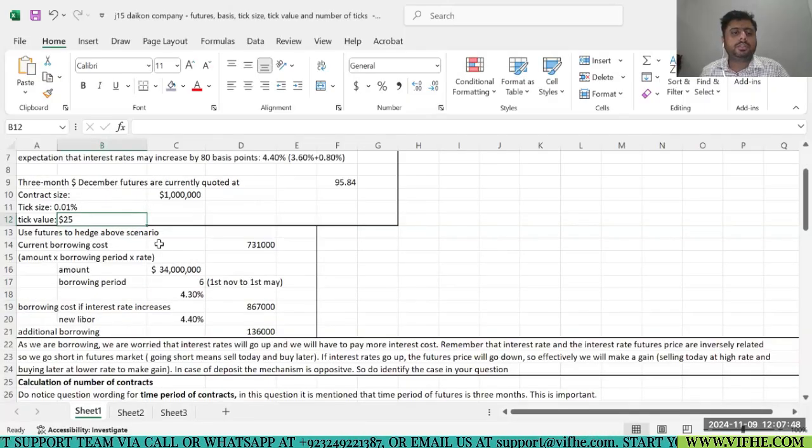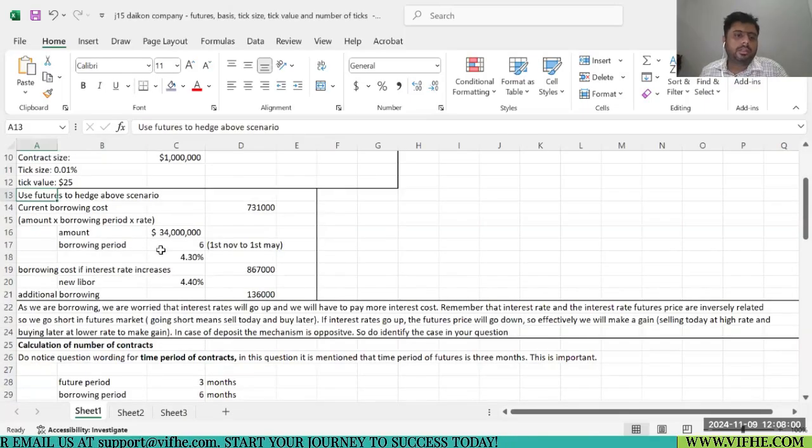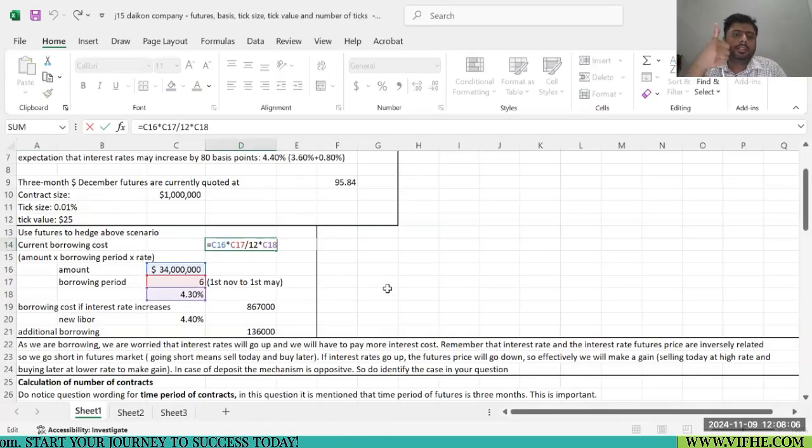Now use futures to hedge the above scenario. We discussed that sell now, buy later will be the appropriate strategy. Selling now at a higher rate and buying later at a lower rate. So current borrowing cost is 73,100. Let me show you how. 34 million multiplied by 6 over 12 multiplied by 4.30%.